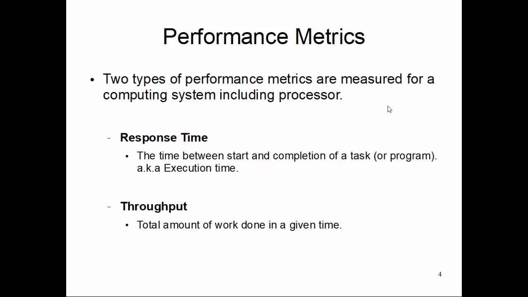Within an hour, the throughput of the first person is 1, versus the next person who completed the 10 problems in 5 hours, whose throughput is 2 per hour. So that's the throughput.